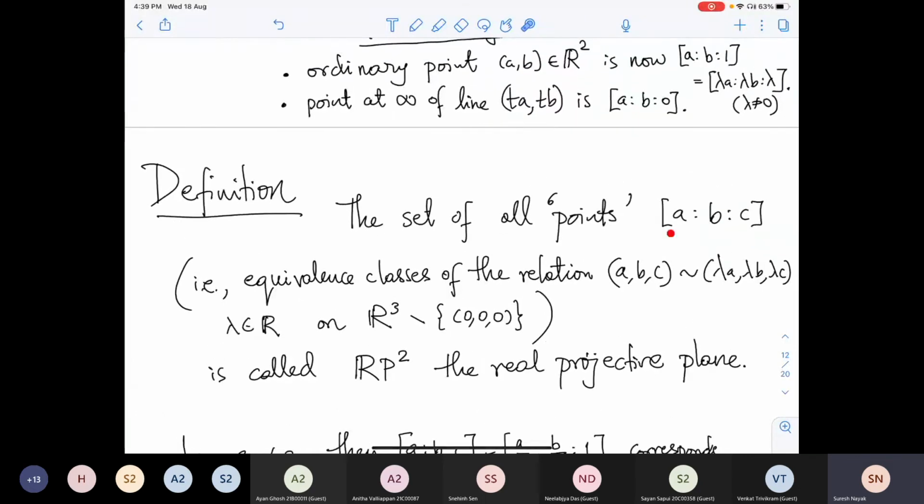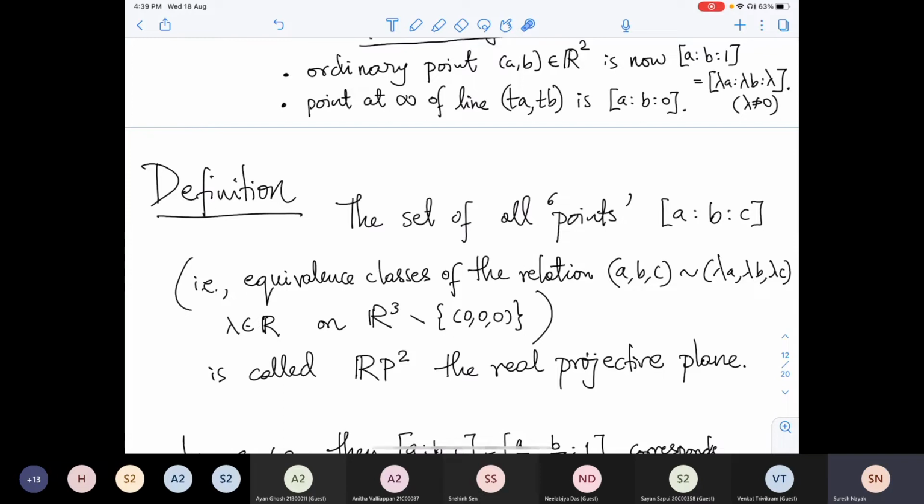We'll now look at the set of all such points A colon B colon C. And to be very precise, you should think of them as equivalence classes of a relation. I think in 11th or 12th you do sets and relations.